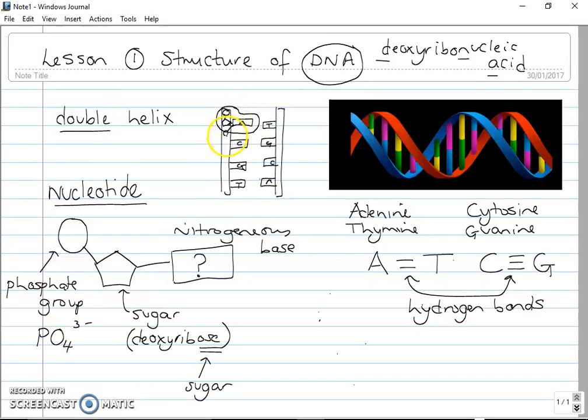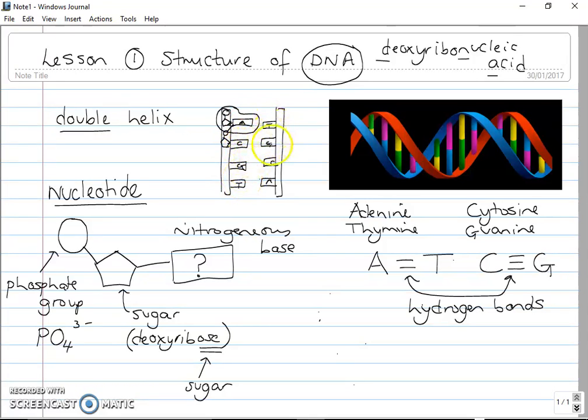Then you'll have another circle attached to the pentagon, attached to the rectangle. This section here, the two long strands of the ladder, that's our backbone, and we call that the phosphate sugar backbone, or the sugar phosphate backbone, because that's the same for everybody. The order of these bases then decides what we're going to have in terms of our DNA makeup.